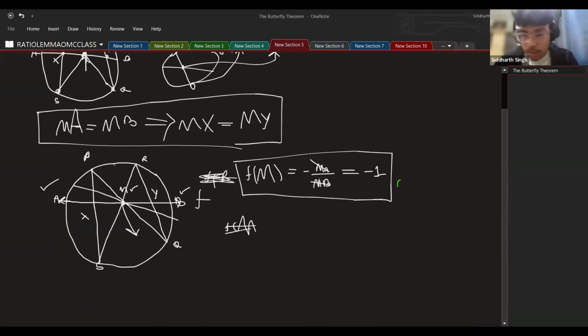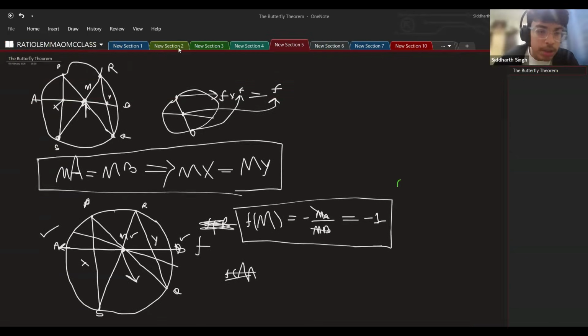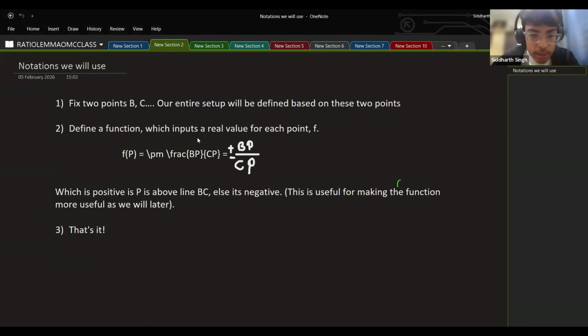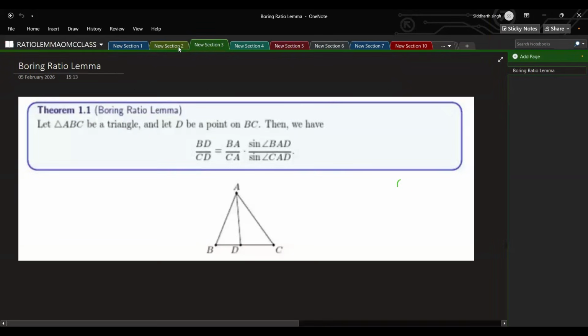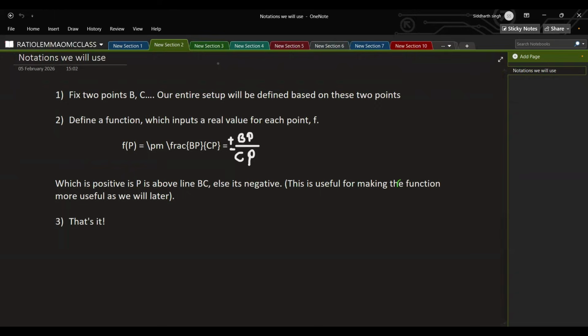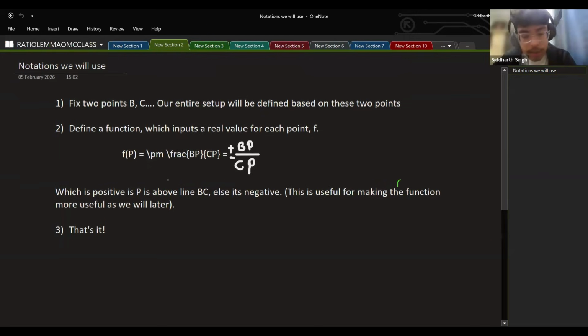Hello Aswat. We are just doing the ratio lemma. Till now we have just defined the ratio lemma. Do you know what the ratio lemma is, or should I define it again? Yes, please, that would be nice. Nice. Okay. Till then people can just try the butterfly theorem.